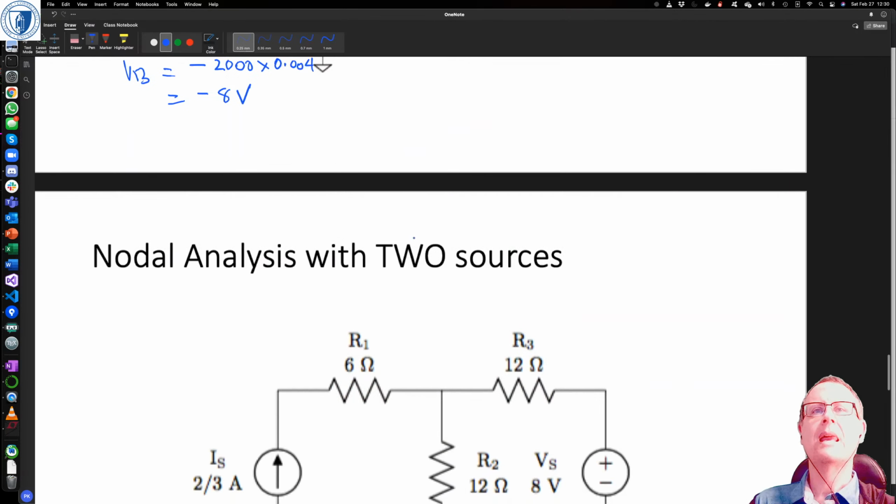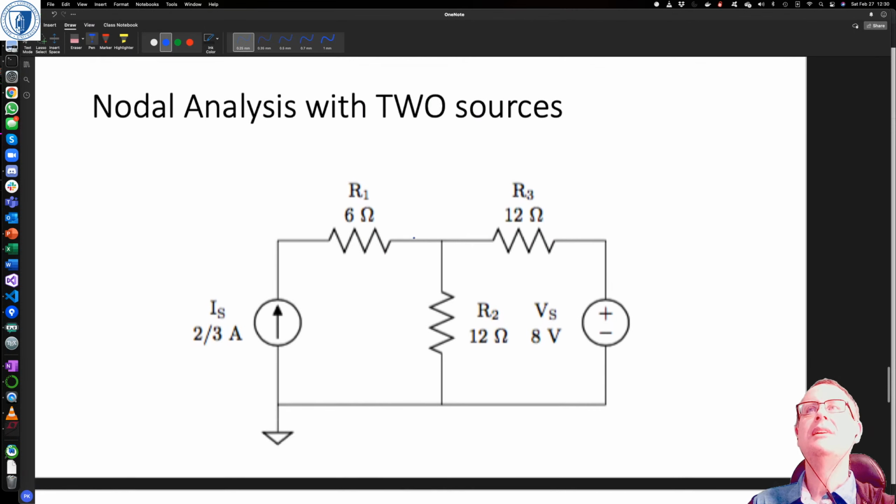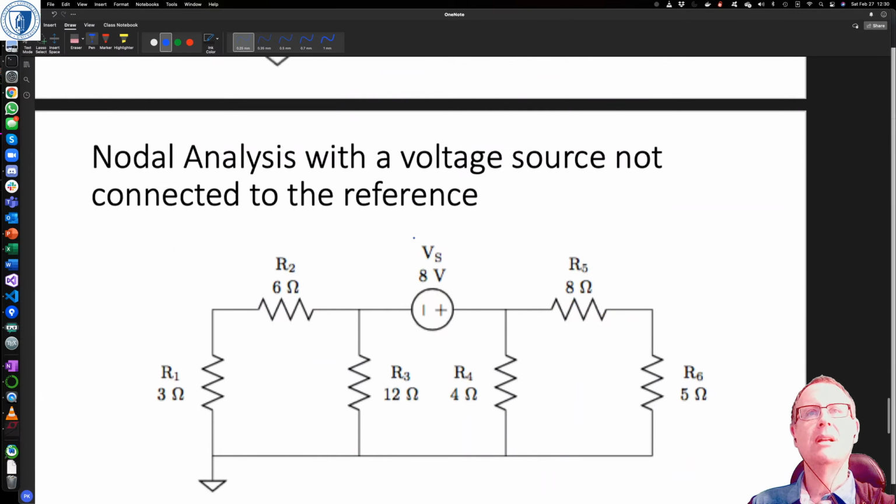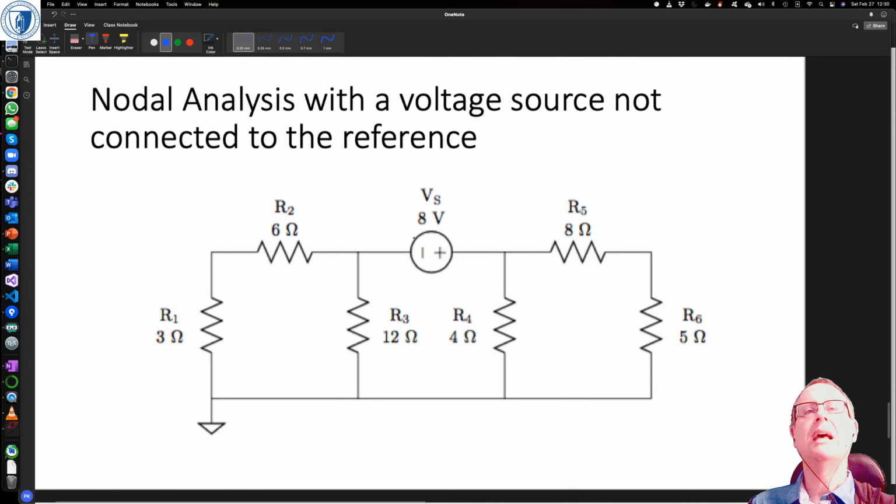Okay. And I'm going to leave the rest until next week to go through as an example. But I thought I'd just quickly show you what I talked about as identifying a supernode, right?